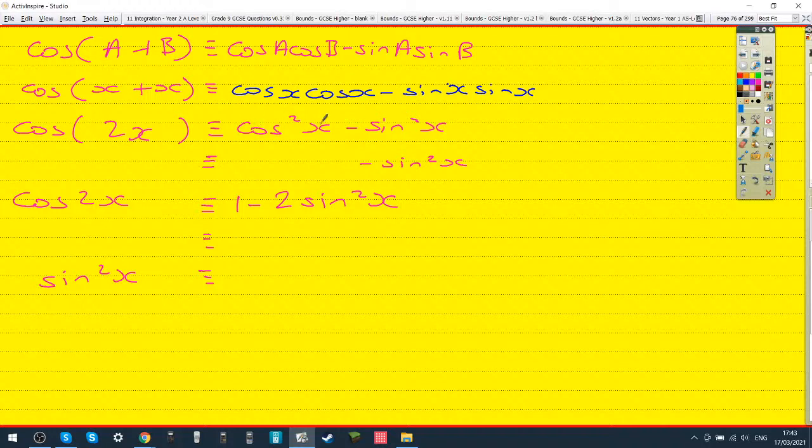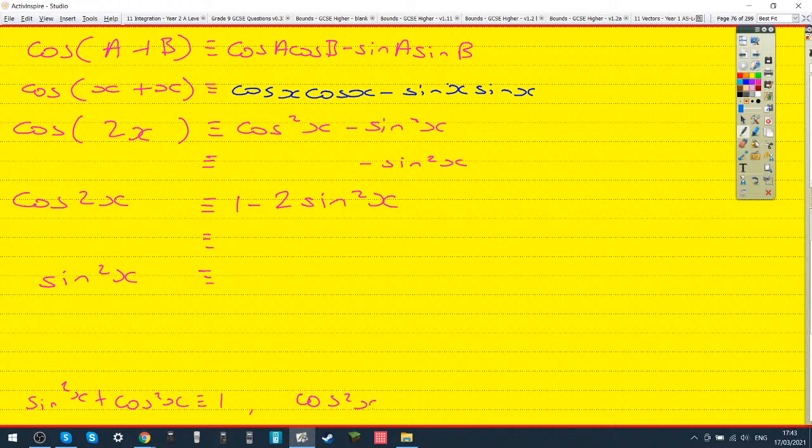What is cos squared x the same as, in terms of sin squared x? So you know how sin squared x plus cos squared x equals 1? Make cos squared x the subject.